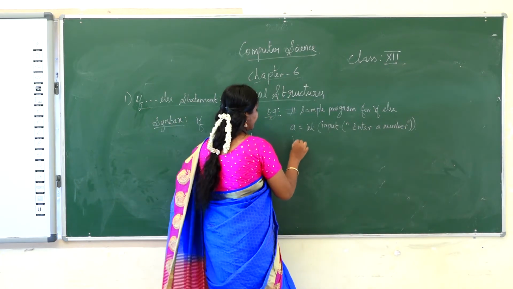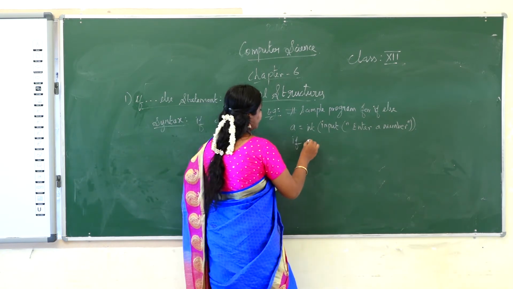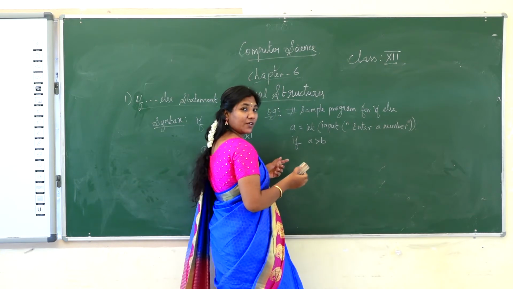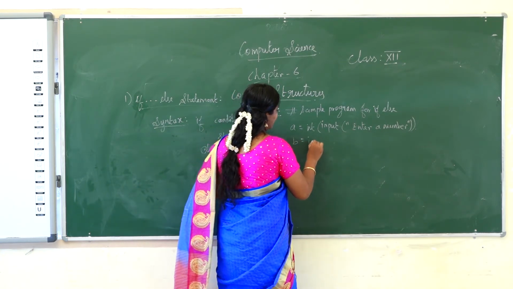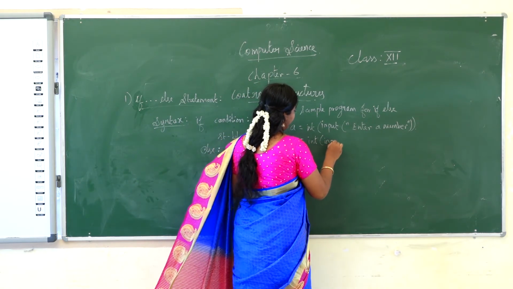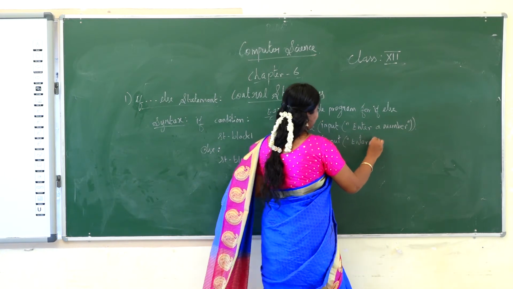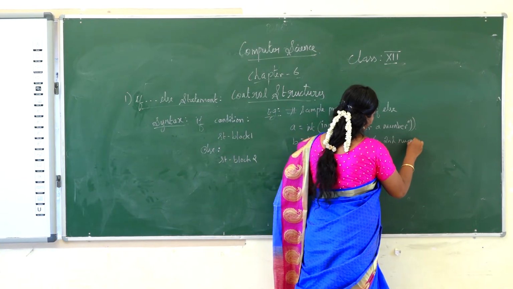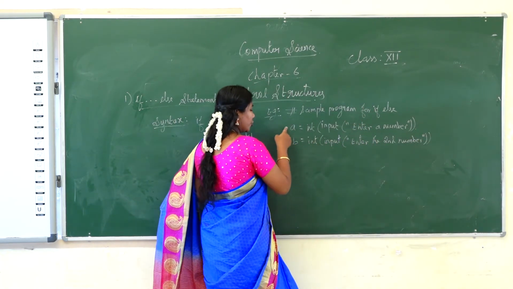So now I am going to check the condition. So if A greater than B, then you must have another value, isn't it? So let me have another value. B is equal to int input, enter the second number. So now we are having two values.